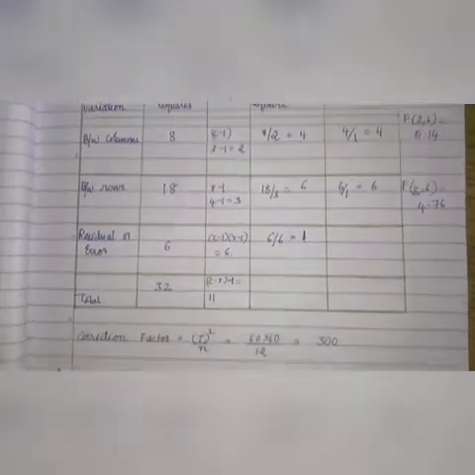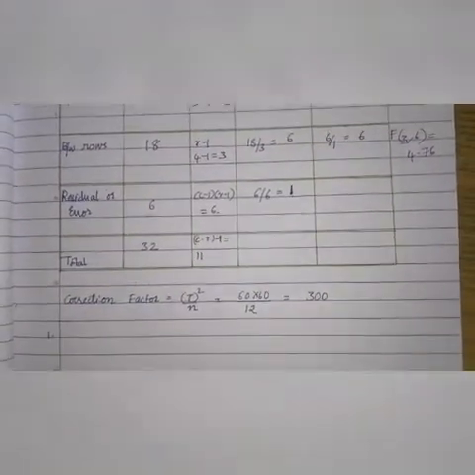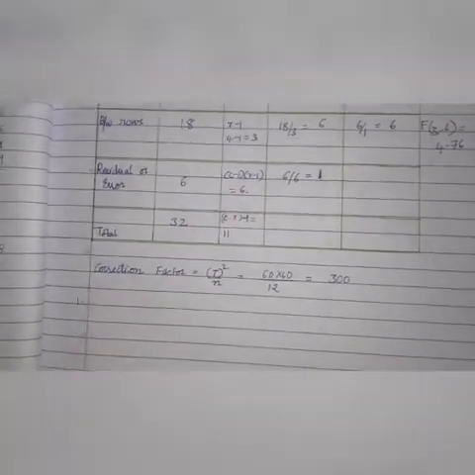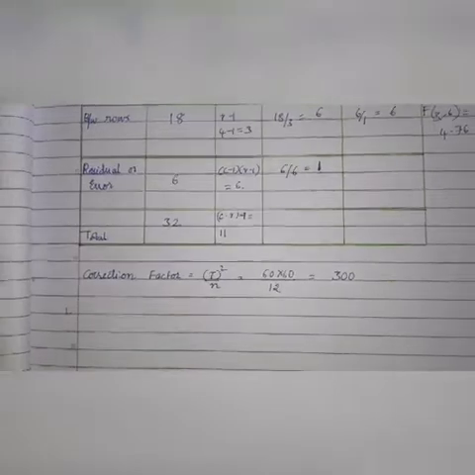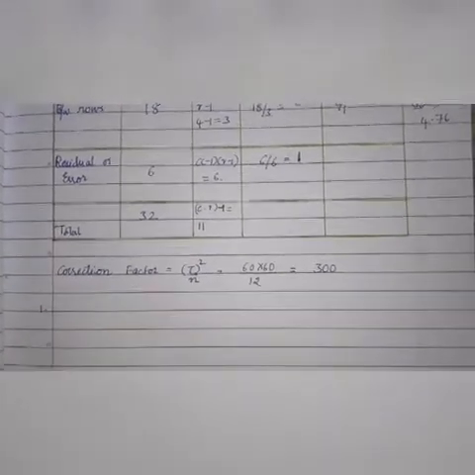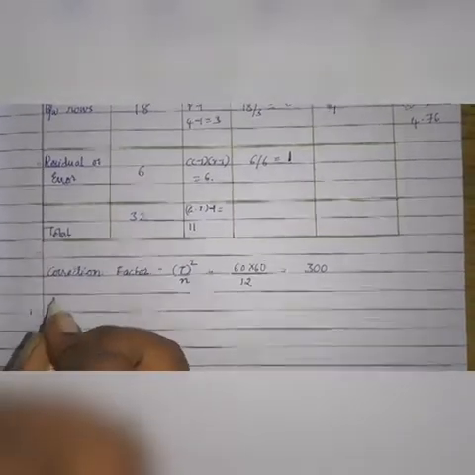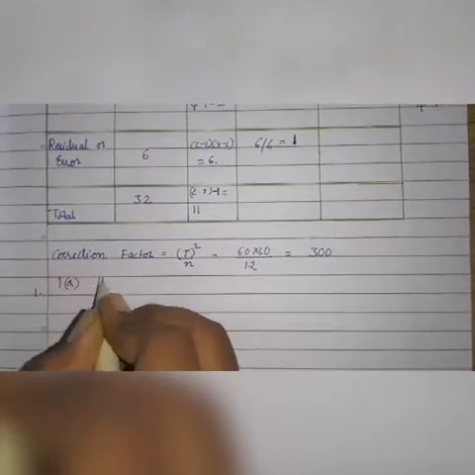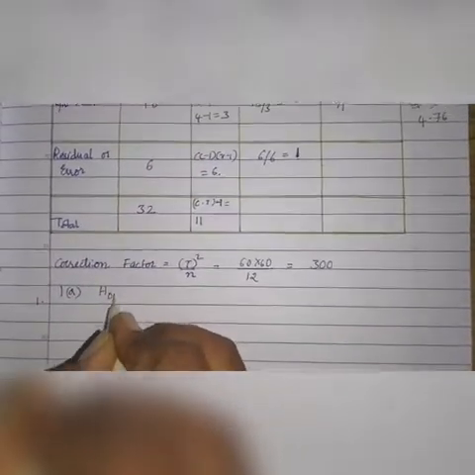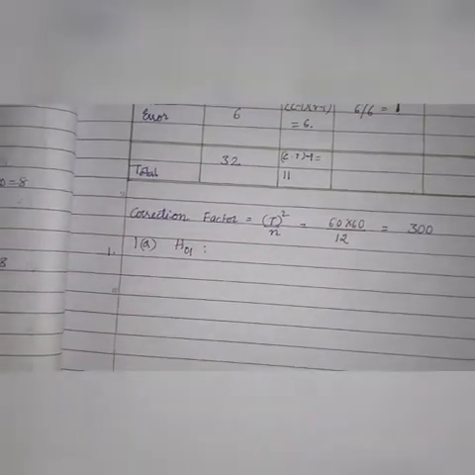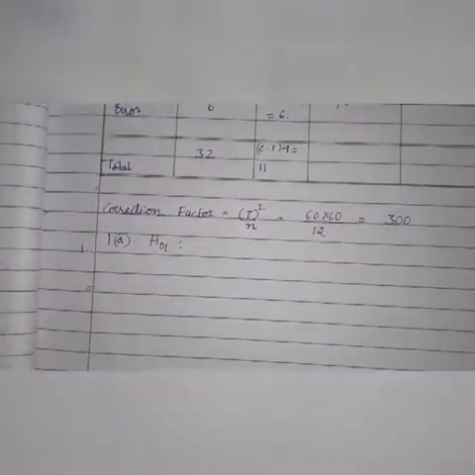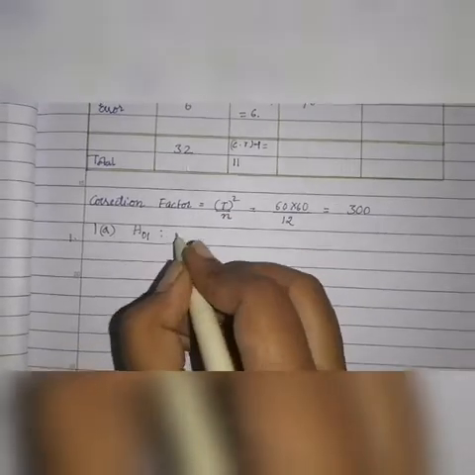So the first step is to write the null hypothesis and alternative hypothesis. In two-way ANOVA, you have to write 2 null hypotheses and 2 alternate hypotheses. So the first set, name it as H01. First we are checking the variance in the varieties of fertilizers. So what are we telling?